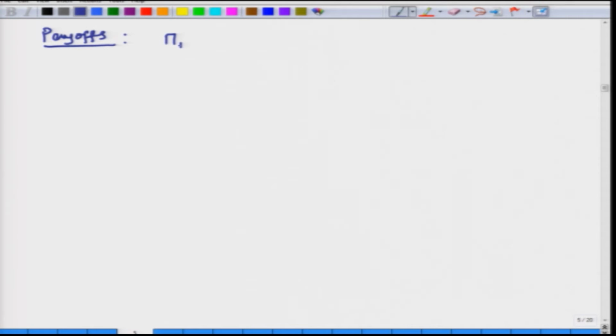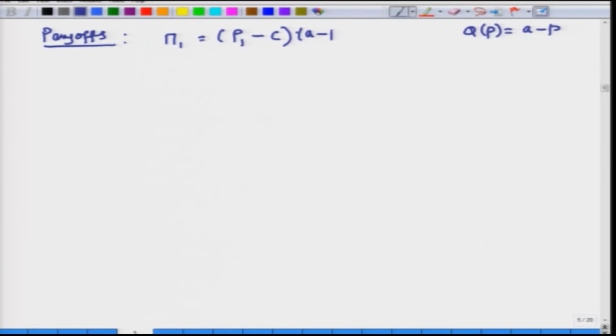Firm 1's profit is total revenue minus total cost. That is the price that it charges, P1, minus the marginal cost C, times the quantity that it sells. Recall that the demand curve is A minus P, where P is the minimum of P1 and P2. If P1 is less than P2, then the entire market demand is captured by firm 1, so the quantity is A minus P1.